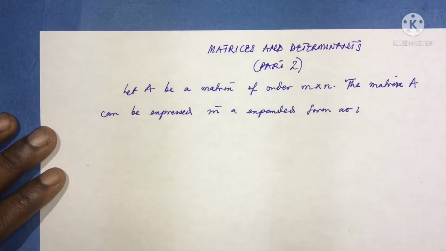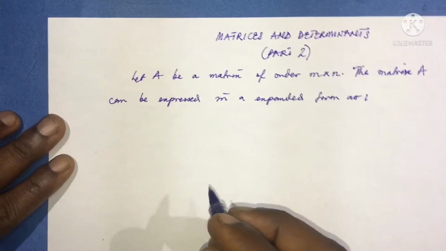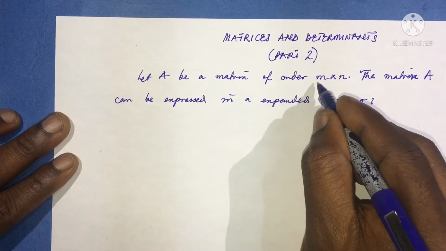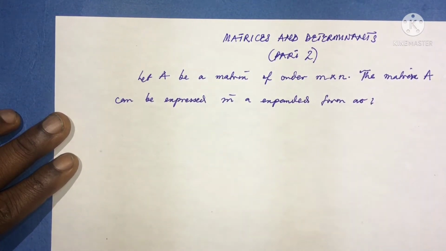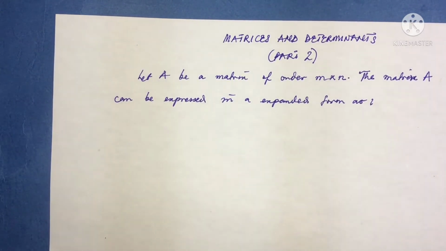Knowing that the matrix is of order m by n means that the matrix has m rows and n columns. Remember, the order of a matrix is a specification of the number of rows by columns found in that matrix.